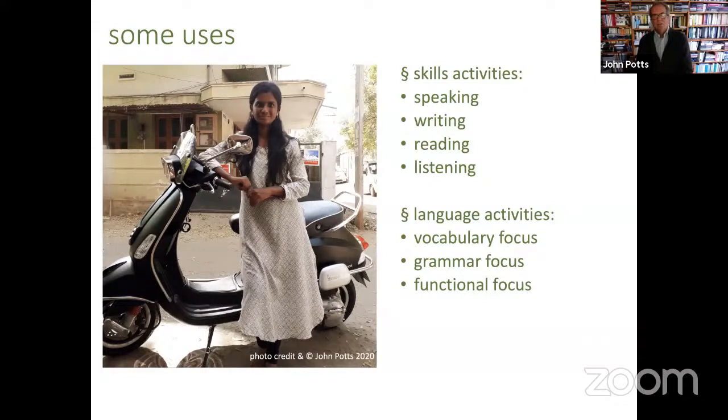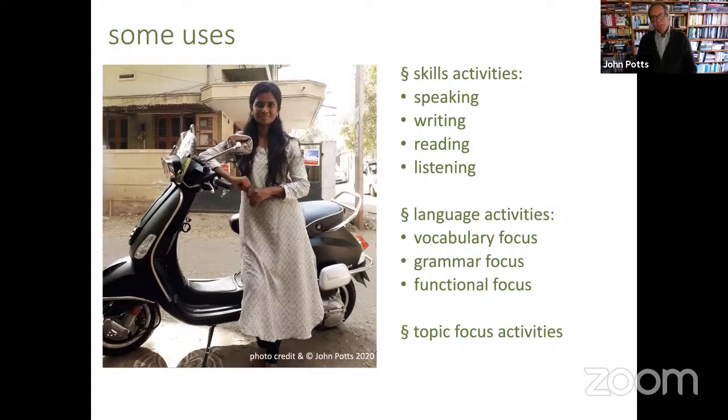And each function, such as giving advice or making suggestions, can be expressed in different ways. So, for example, if I want to give advice or make suggestions, I can say, you should, you could, why don't you, how about doing this, and so on. So a picture may generate a functional focus, and you can use it as the springboard for those different ways of expressing the function, the exponents of the function.